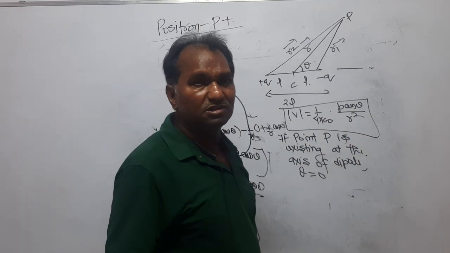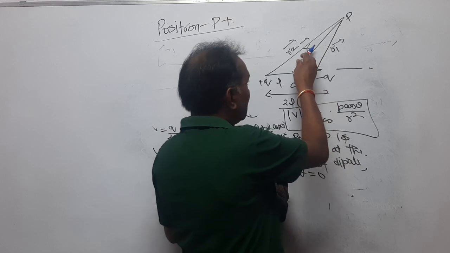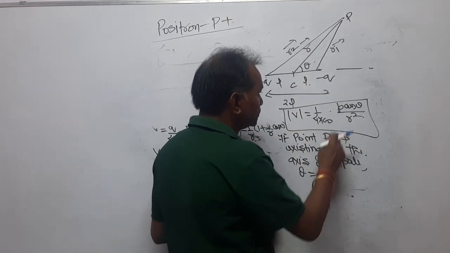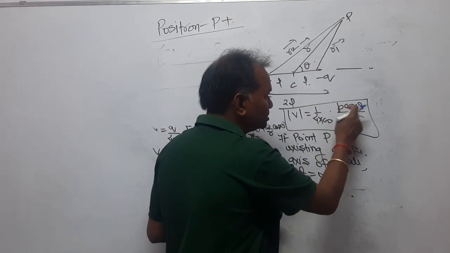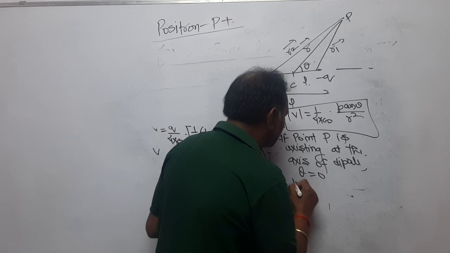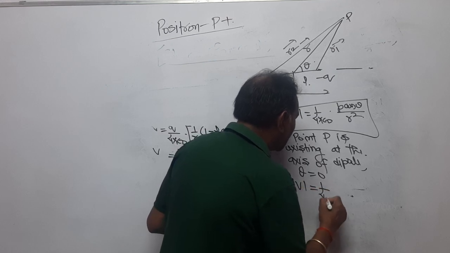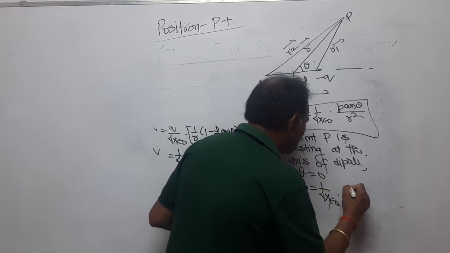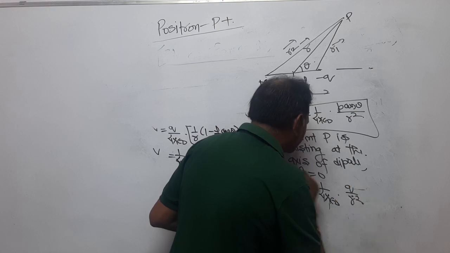Theta is equal to 0 because this line will become like this. And so if theta equals 0, cos 0 is equal to 1. So V becomes 1 upon 4 pi epsilon naught P upon R square.